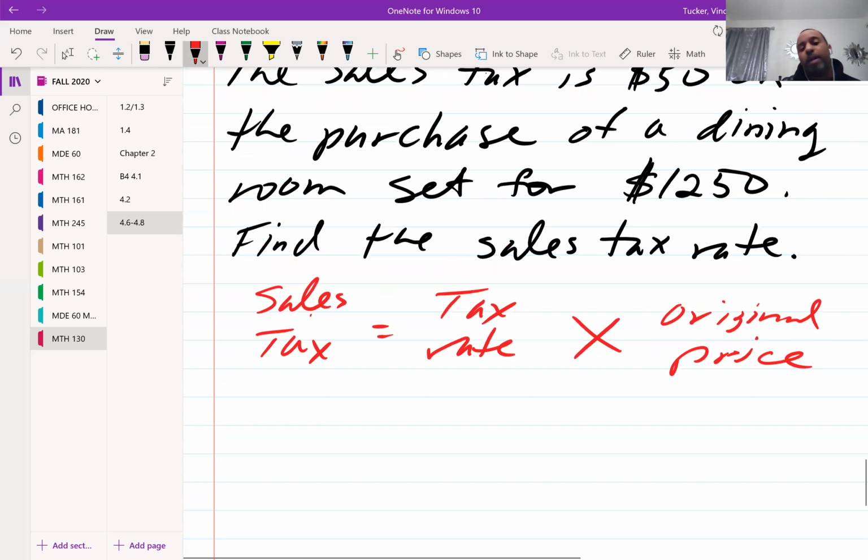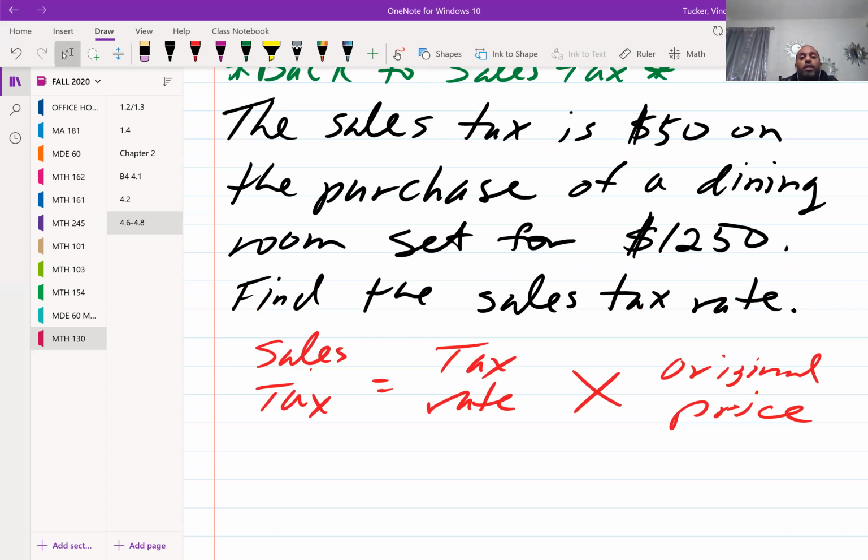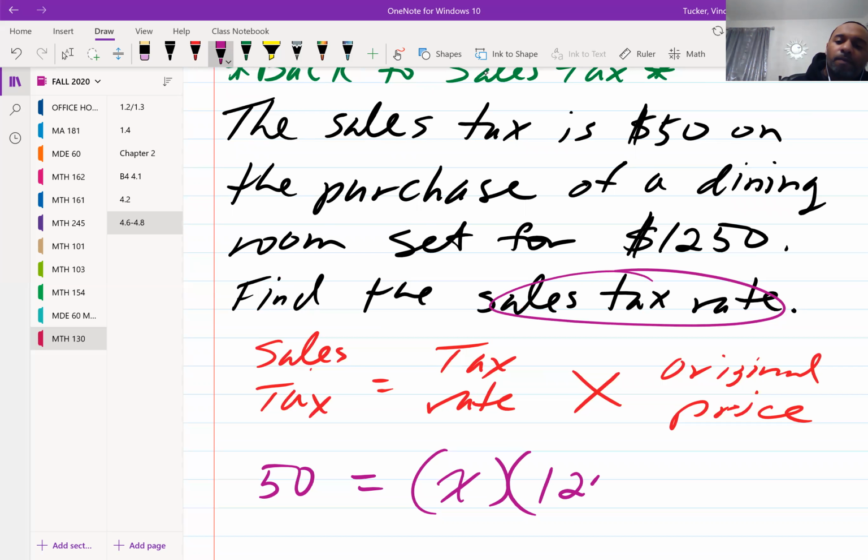All right, so going back to our formula. So we have the sales tax is $50. The purchase of the dining room set is for $1,250. Find the tax rate. So our unknown this time is the tax rate, and our original price was $1,250.